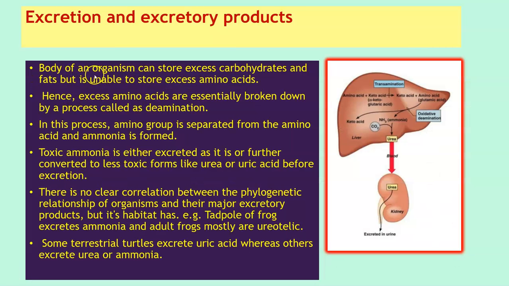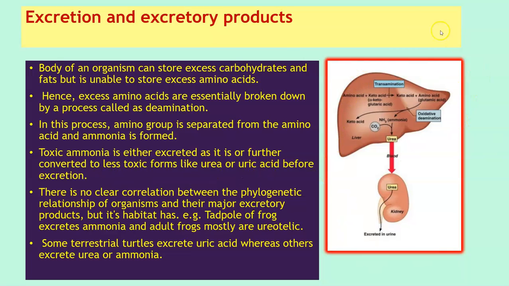Moving further, the body of an organism can store excess carbohydrates and fats, but is unable to store excess amino acids. Hence, excess amino acids are essentially broken down by a process called deamination. In this process, the amino group is separated from the amino acids and ammonia is formed. Toxic ammonia is either excreted as it is or further converted to less toxic forms like urea or uric acid before excretion.